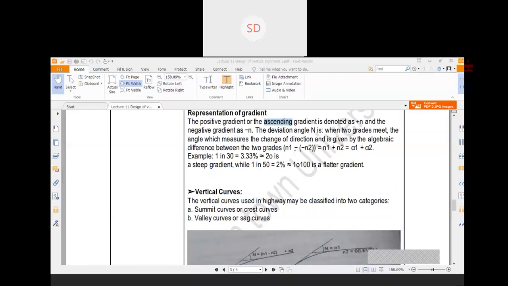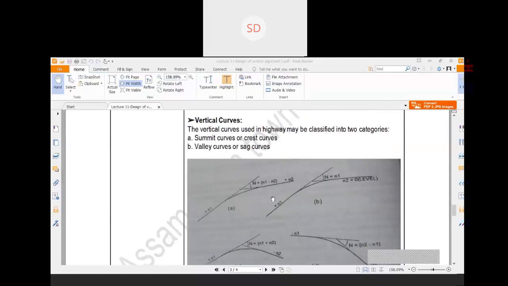Okay. Now for the vertical curves, there are two types of vertical curves. Okay, one is the summit curve and another one is the valley curve. A summit curve is the type of curve where convexity is upward.